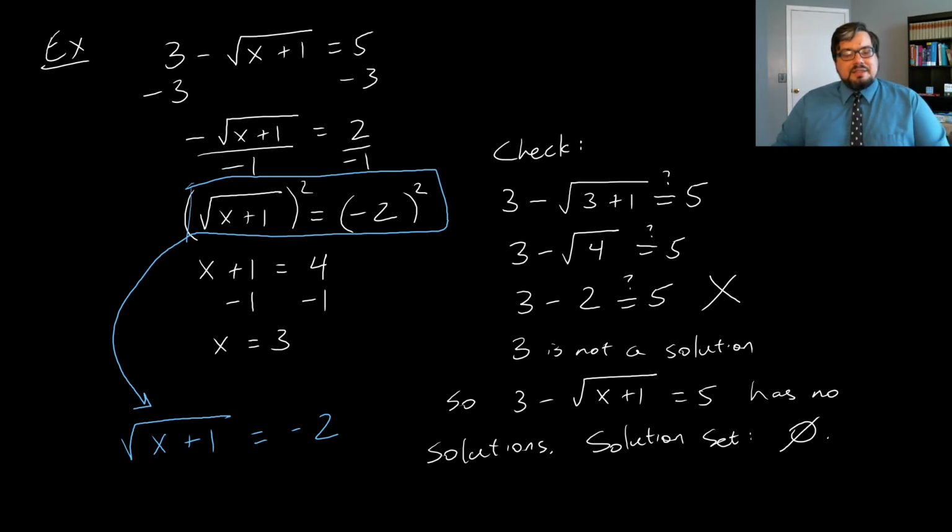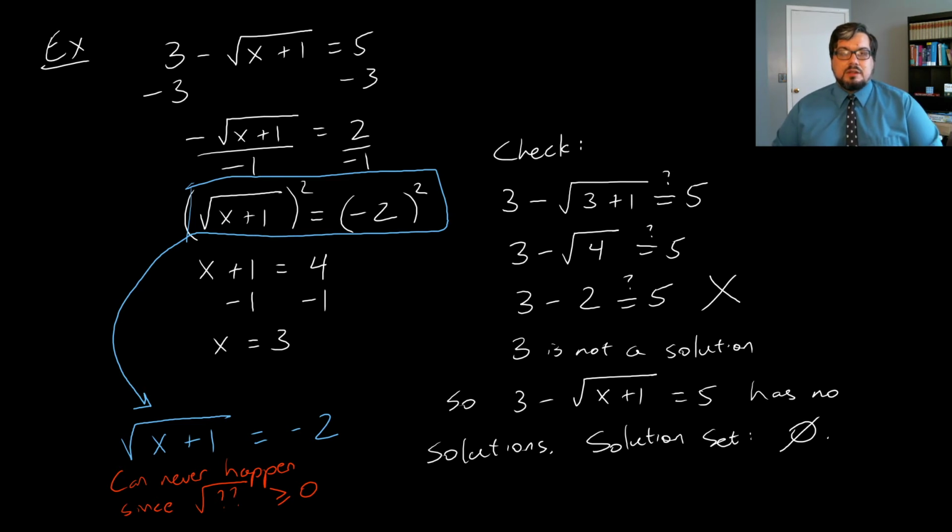Well, actually, this type of equation we know can never happen. And this can never happen since the square root of something, if it's a real number, is always greater than or equal to 0. The square root of a real number can never give you a negative number.